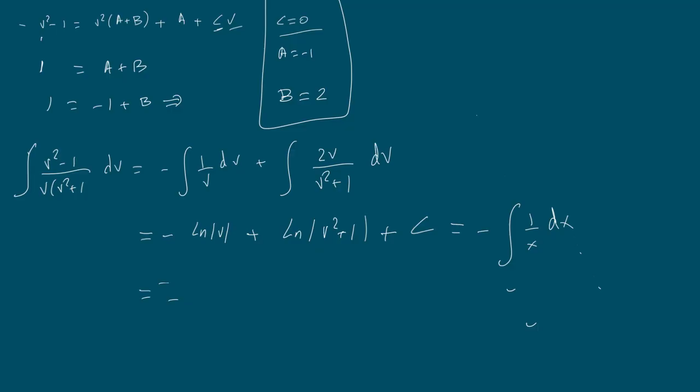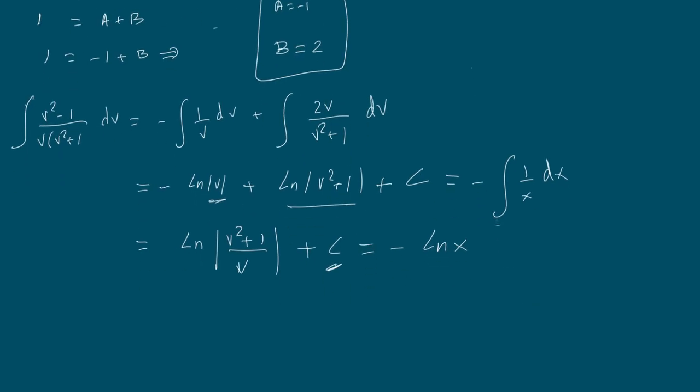Because the natural log of a minus the natural log of b is the natural log of a divided by b, this will be the natural log of (v squared plus 1) divided by v, plus c will be minus the integral of 1 divided by x, which is the natural log of x, and I don't need to put any c because this c will englobe all the c's.